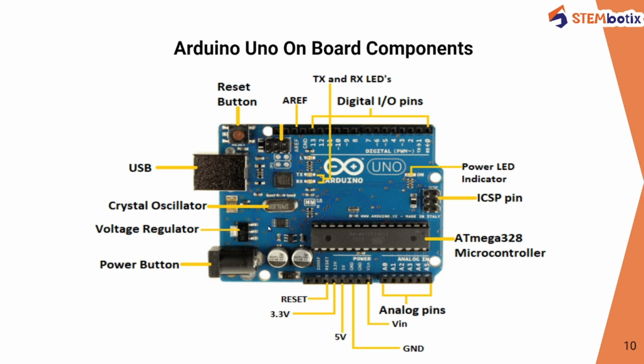After that, we have this voltage regulator. The function of this voltage regulator is to control the voltage given to the Arduino board and stabilize the DC voltages used by the processor and the other elements, means the other elements which you are going to connect on the board of Arduino Uno should be controlled. So this voltage regulator is there to control the voltage.